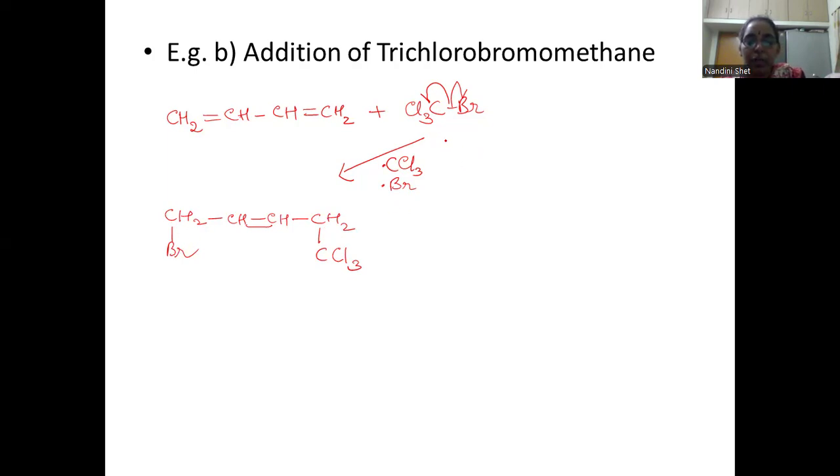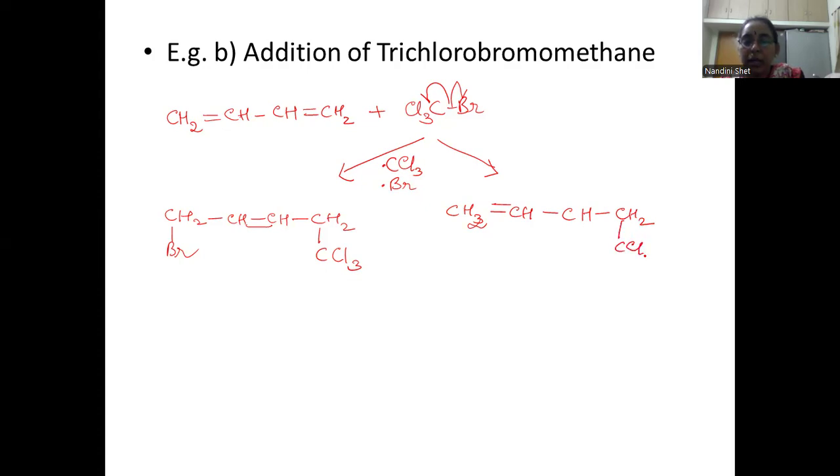This is one of the products, and the other one is the 1,2 addition, which gives us CH3, CH, CH2, CH2 double bond CH, single bond CH, single bond CH2.